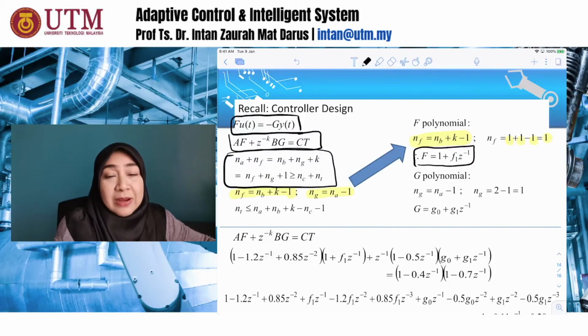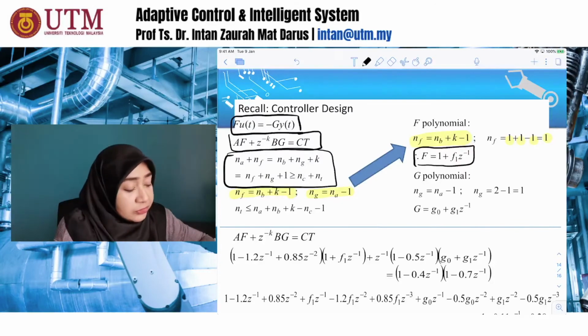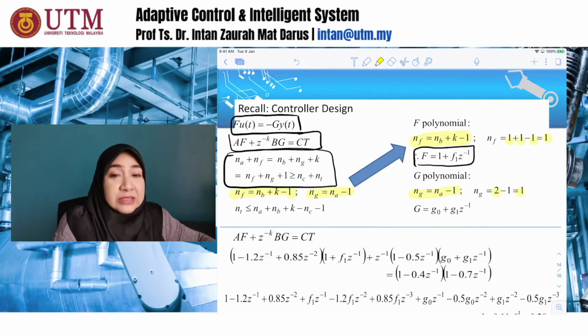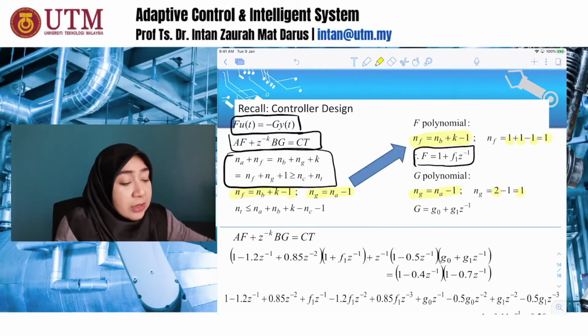Similarly, I will do that for my G. I'll put in the equation ng is equal to na minus 1. na is 2, so we put 2 there, minus 1, and I get ng equal to 1. So similarly for my polynomial G, the highest model order that I can create for G is 1.